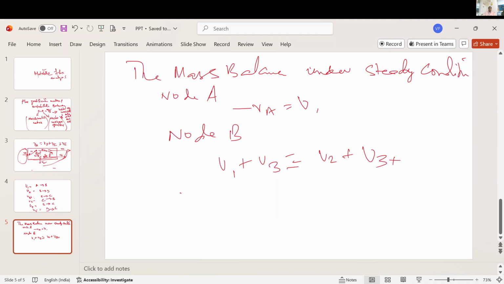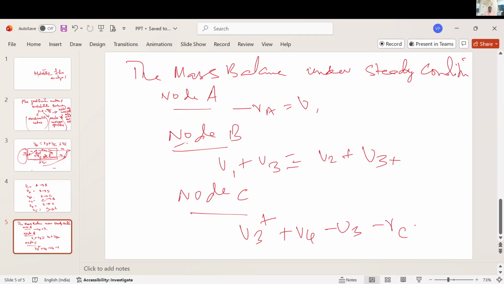Then node C, node A, node B, and node C. Node C is V3 plus V4 minus V3 minus RC is equal to 0.